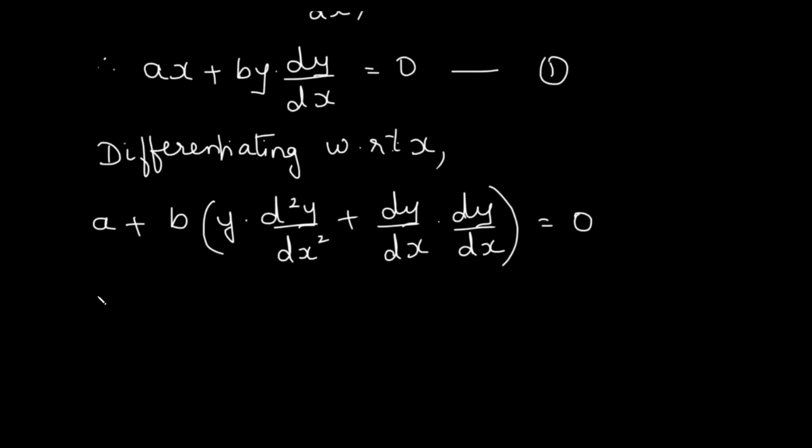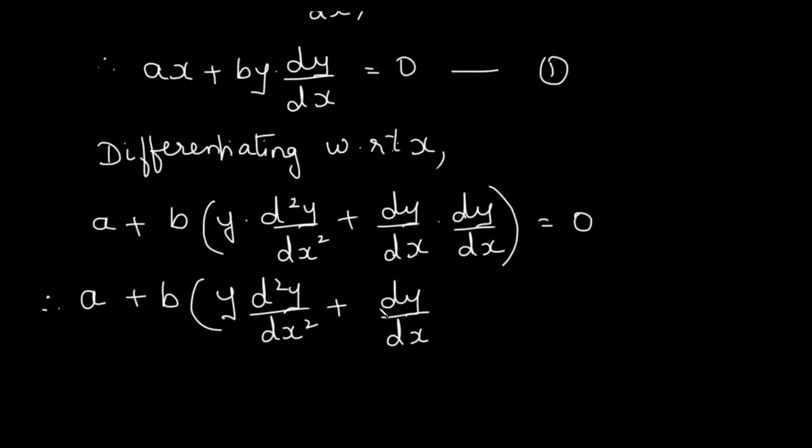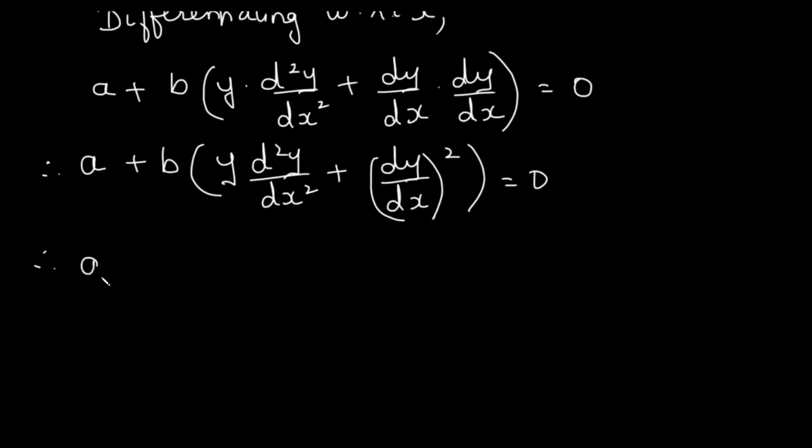On the RHS it is 0 again. So here we get a plus b y d²y/dx² plus dy/dx the whole square is equal to 0. Now put a on one side and take the b containing term on the other side. So therefore a is equal to minus b, the remaining terms are as it is.